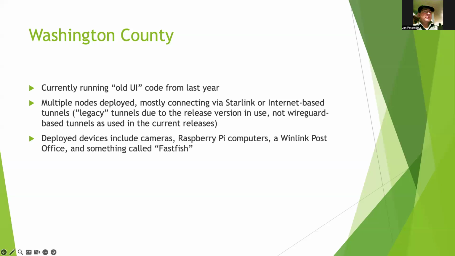They do have several deployed services, including cameras. They've got some Raspberry Pi computers. They've got a WinLink post office out there, and they're running something called Fast Fish. I tried to find Fast Fish, and the only thing I could find was a commercial piece of software that helps you identify fish quickly.